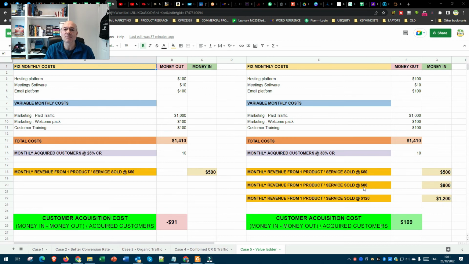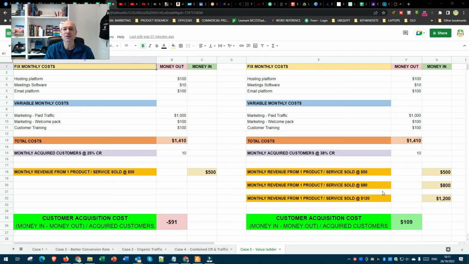It could be any number, and the value ladder could even start with a free product. But what's important to grasp here is the concept of having a value ladder, having more than one product, and having additional revenue per customer.